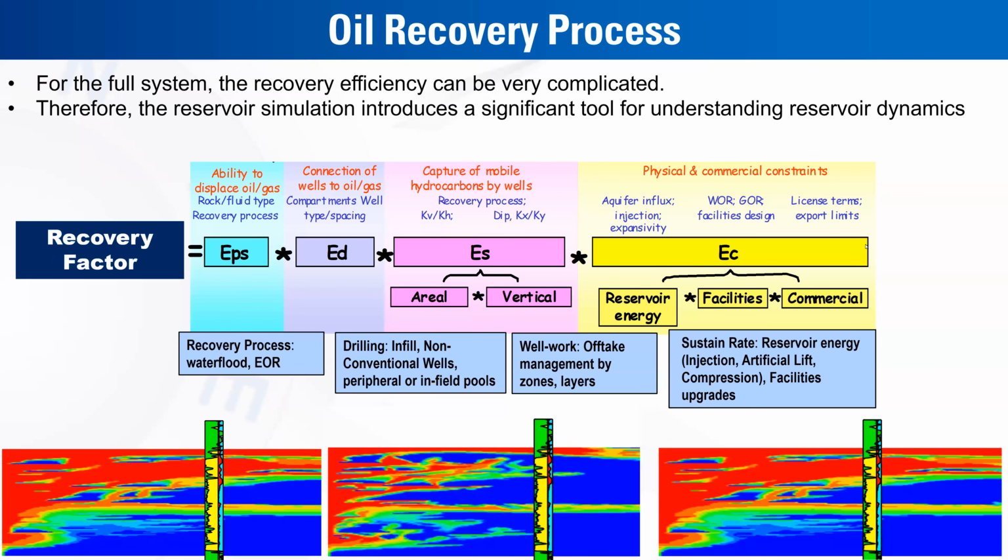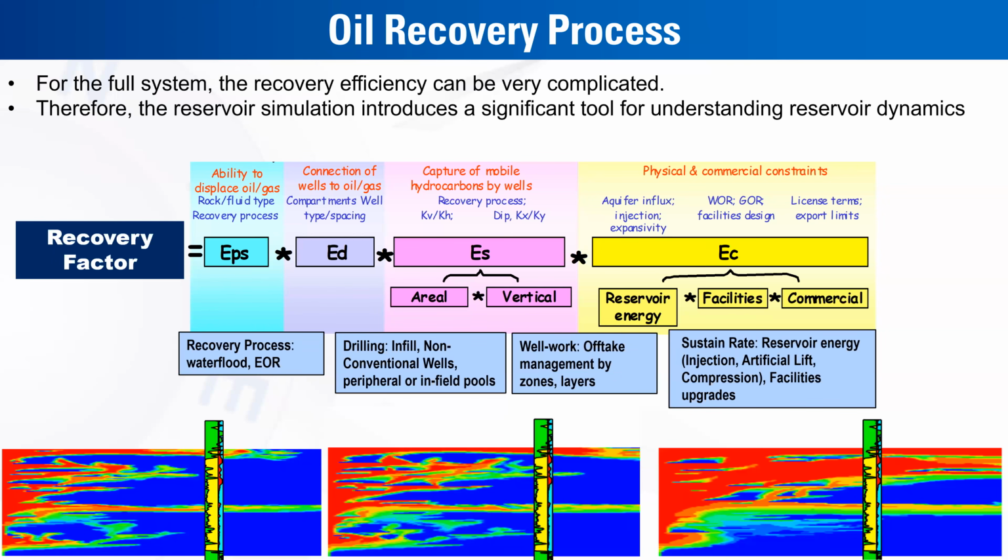Other physical or commercial constraints also control the ultimate oil recovery, like the aquifer influx or aquifer strength, the productivity and injectivity of the reservoir, also the control of the produced ratios, like water oil ratio or gas oil ratio, and so on. Also, the maximum capacity of the processing and transportation facilities, license terms and conditions, and so on.